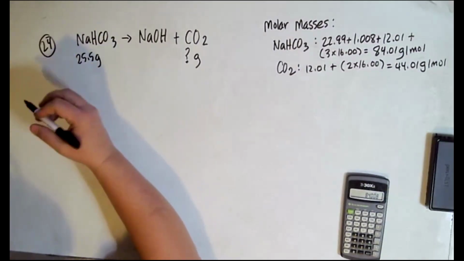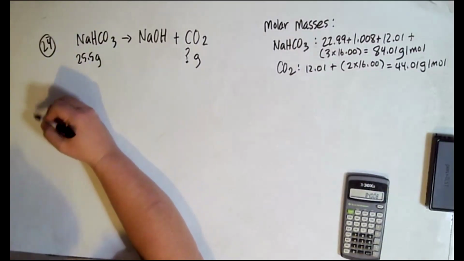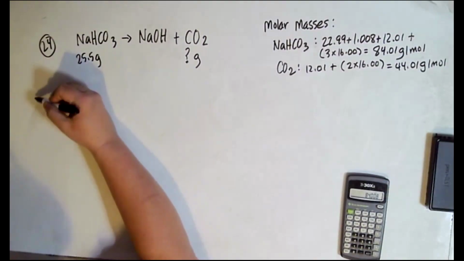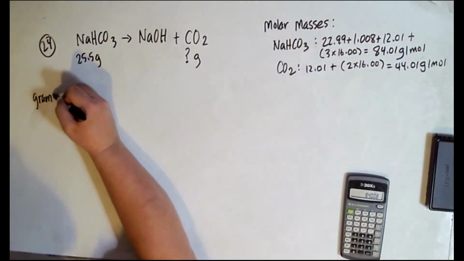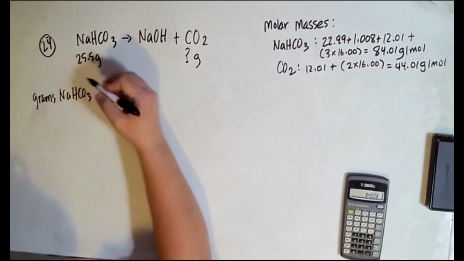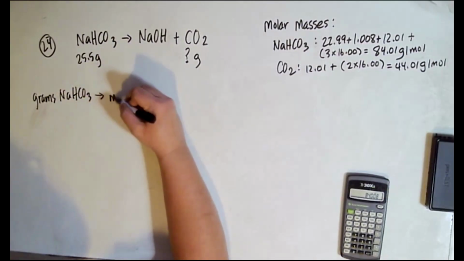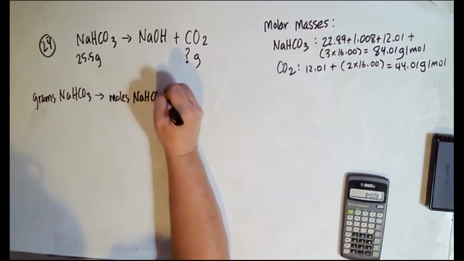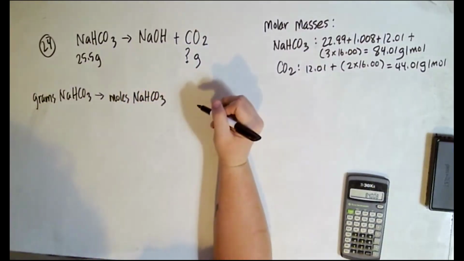So step one, we can map out the steps. We're going to go from grams of NaHCO3, convert that into moles of NaHCO3. Then we're going to use our equation here.